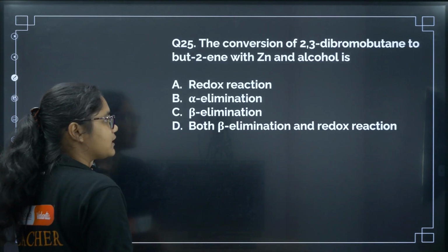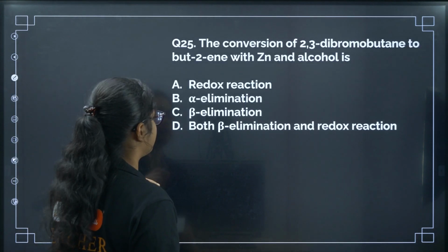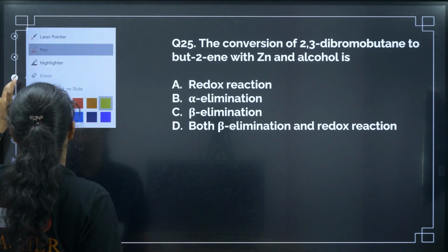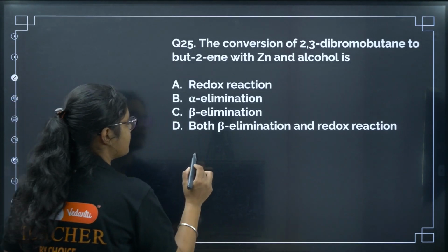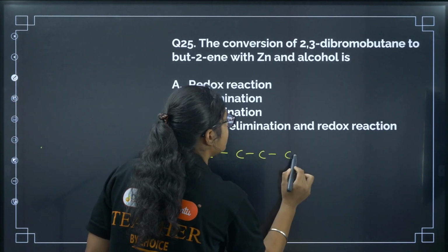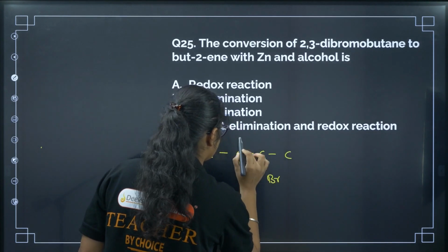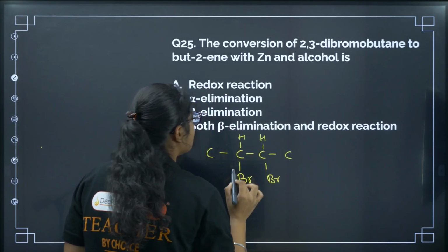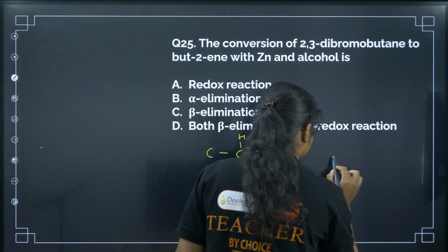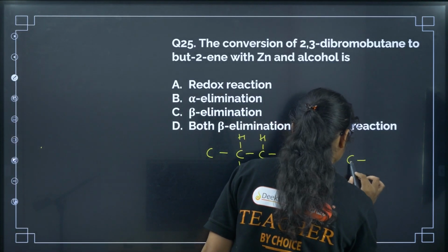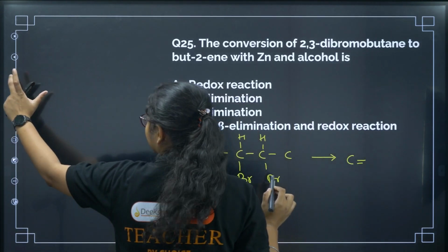Next question, the conversion of 2,3-dibromobutane to butene with zinc and alcohol. Okay, so if you see here, we have 2,3-dibromobutane, and this is converted to but-2-ene.